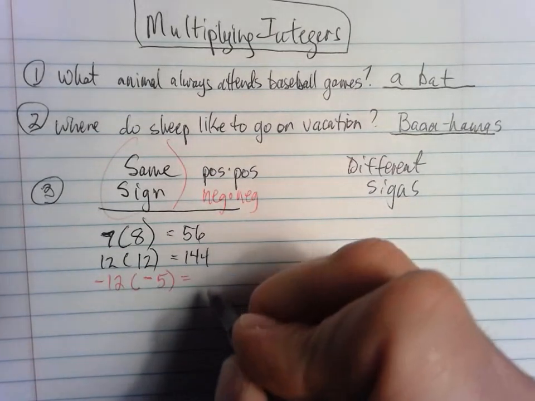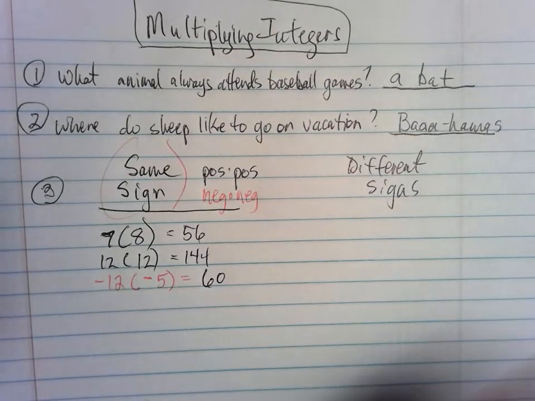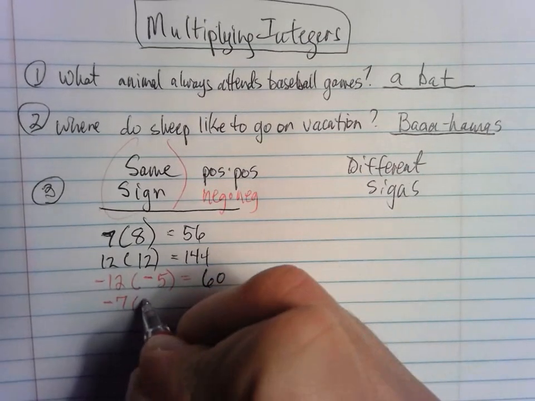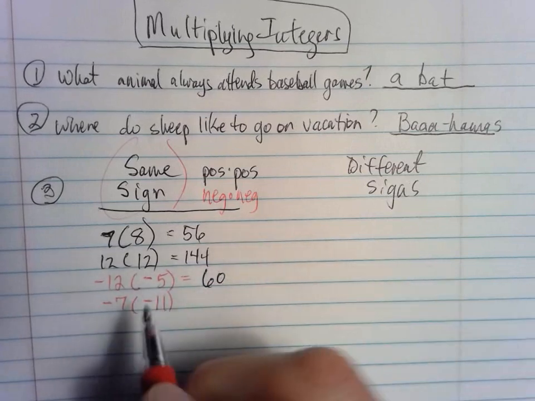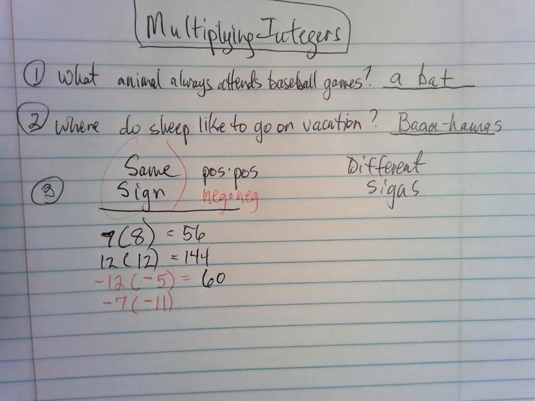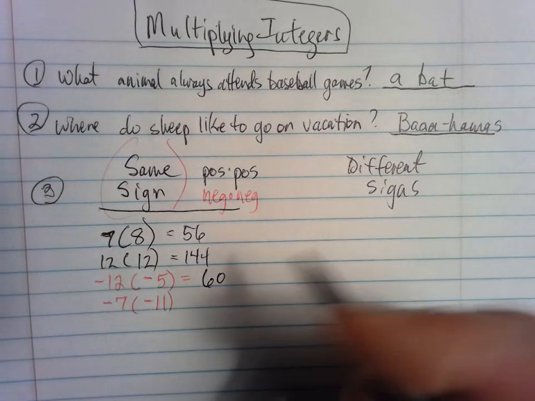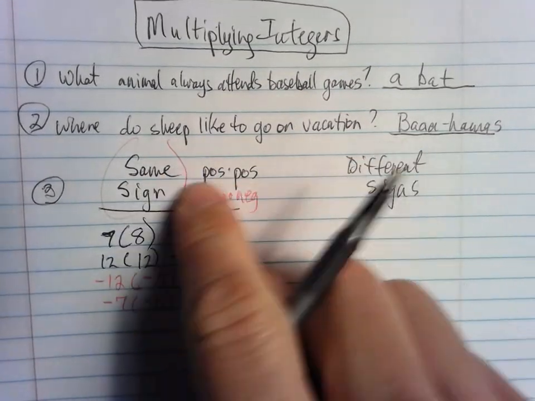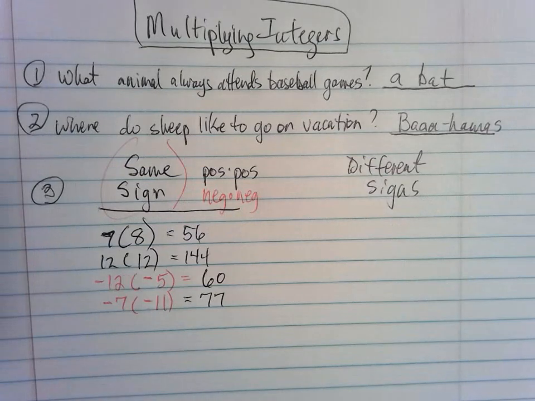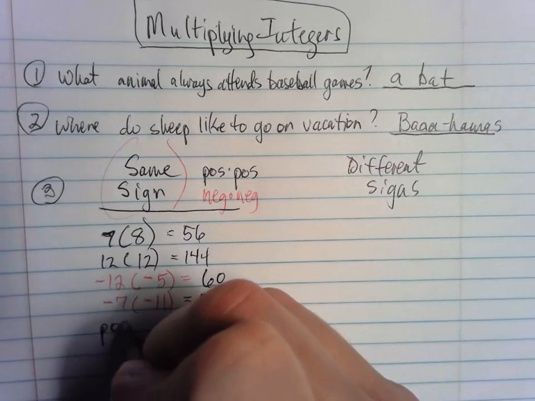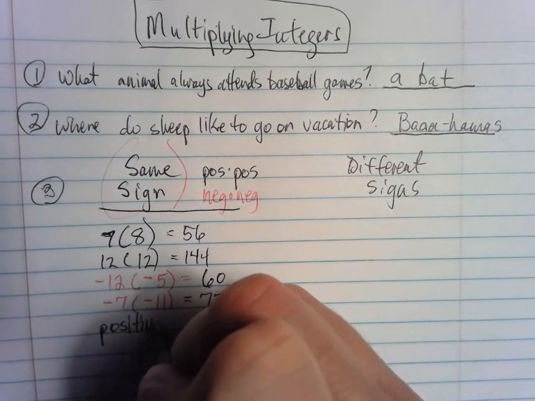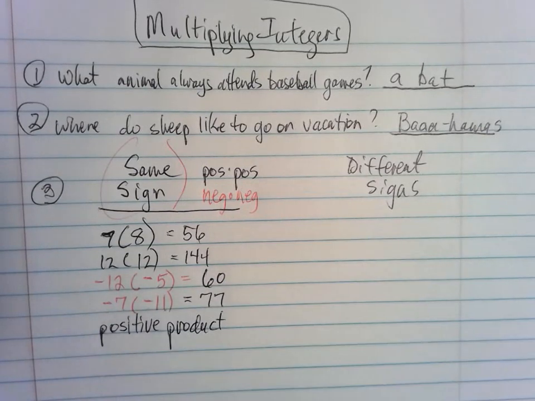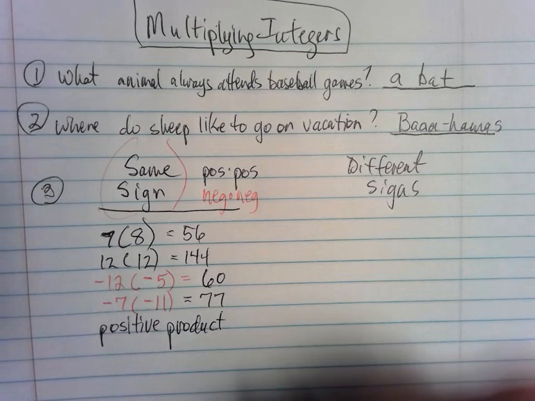And a negative 7 times a negative 11, another negative times a negative, gives you a positive 77. So if they have the same sign, you get a positive product. Same signs give you positive products.